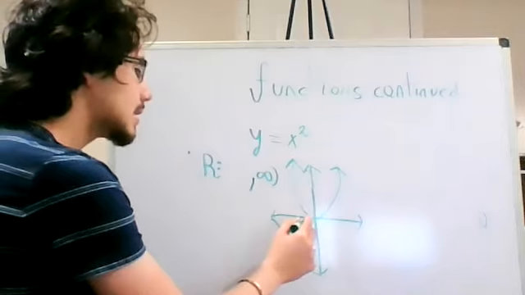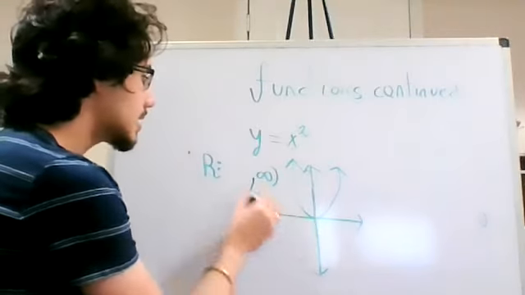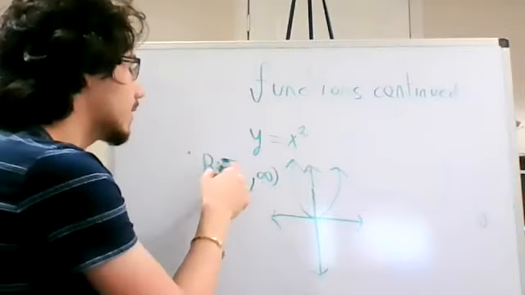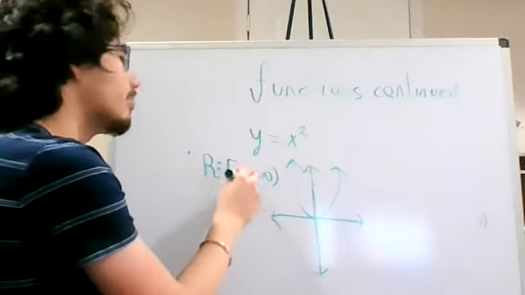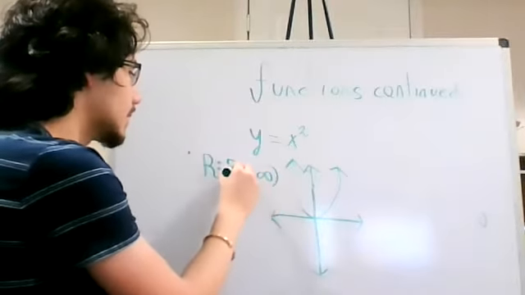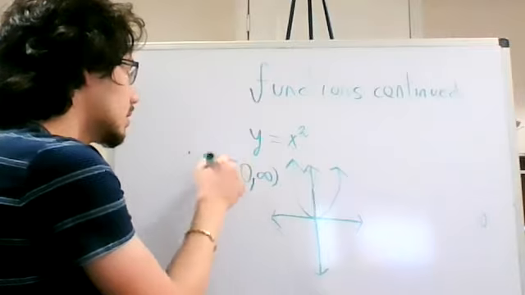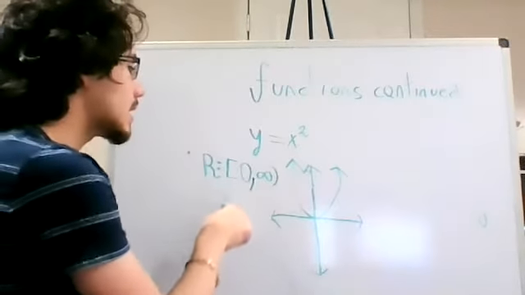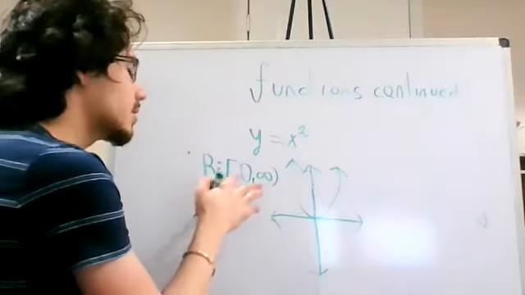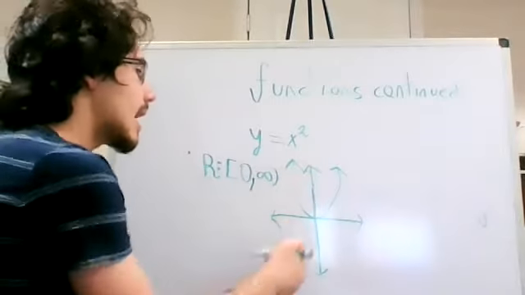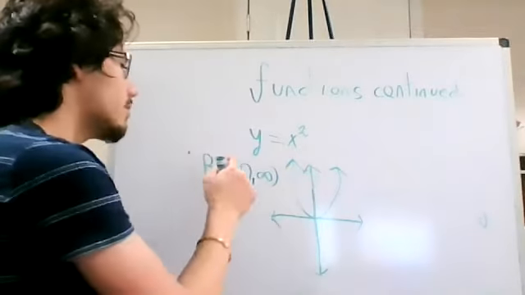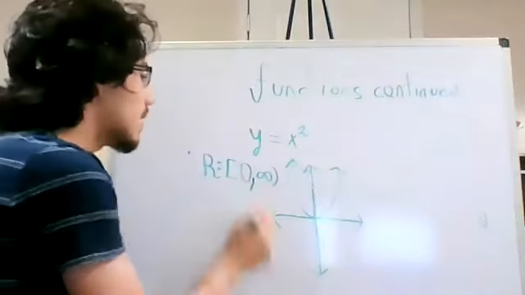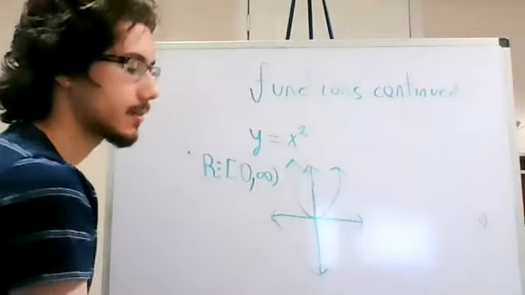So because the function touches 0, we will put a bracket so that it says that the function does touch 0, but it doesn't touch infinity, that it is the range of bracket 0 to infinity. So this says that all the y values of this function are not negative. So we know that it touches 0 and it'll go for all positive y values. That is what we understand from this range.